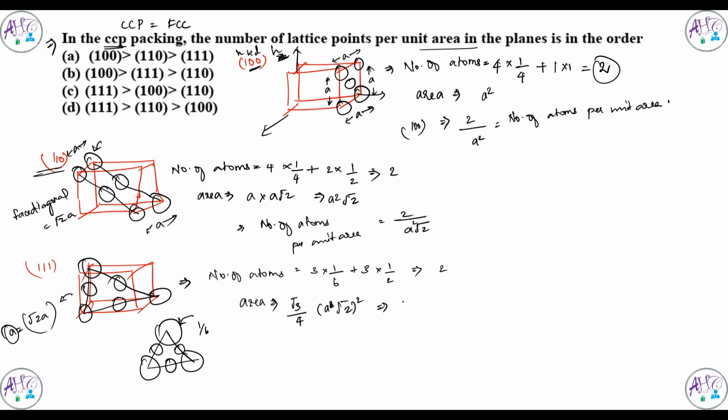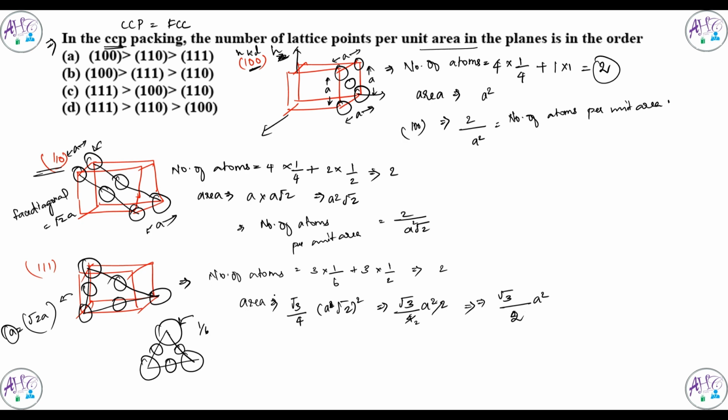So if you solve, this is root 3 by 4 a square into 2, which is equal to root 3 by 2 into a square.